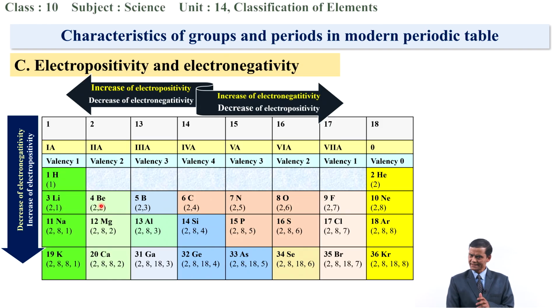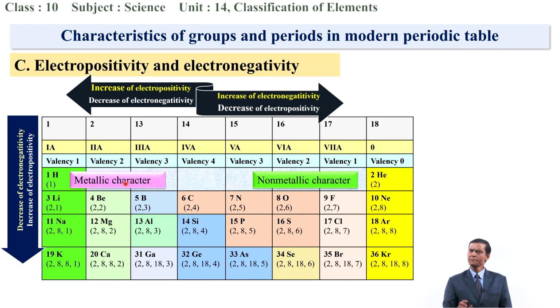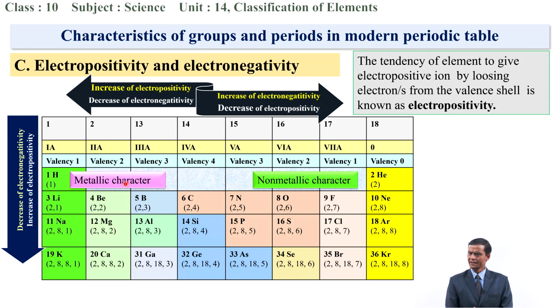So, what are electronegativity and electropositivity then? Let's discuss. Metallic character has electropositive character. Non-metallic character has electronegative character. Now, what is the definition of electropositivity?